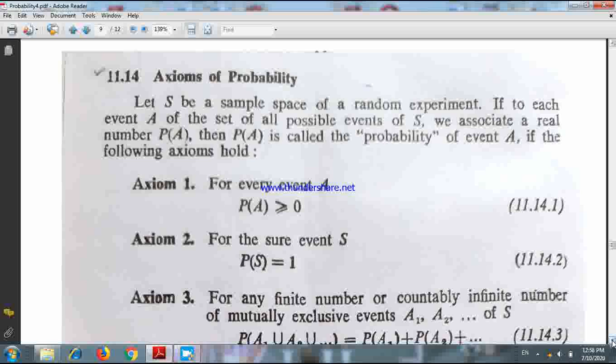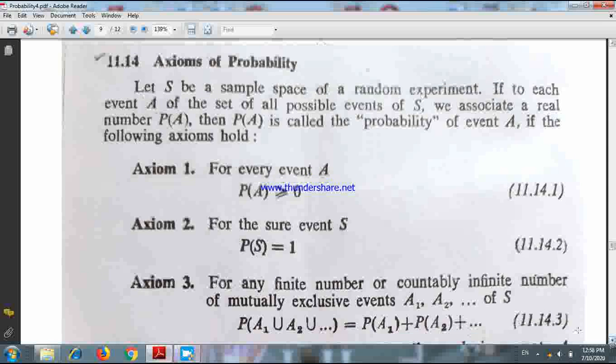If to each event A of the set of all possible events of S, if to each event A of the sample space S we associate a real number P(A), then P(A) is called the probability of the event A if these three axioms are satisfied.